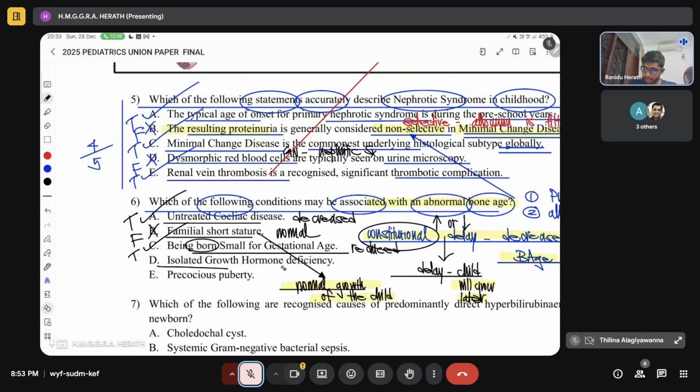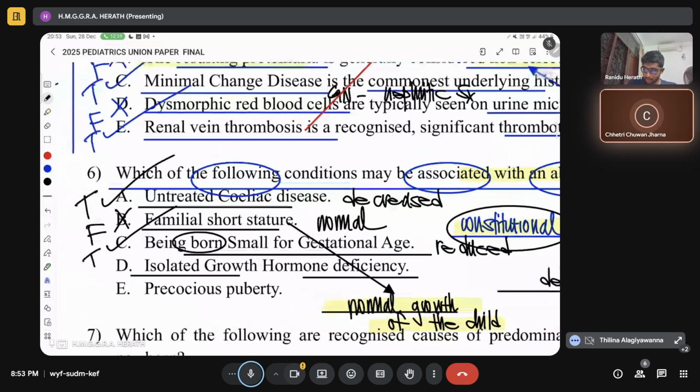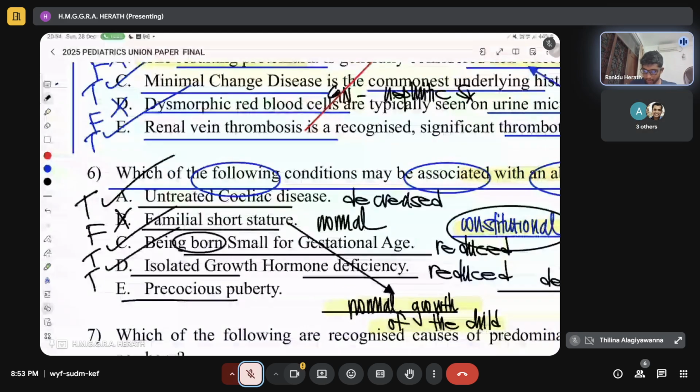Isolated growth hormone deficiency, reduced or increased or normal bone age? It should be reduced, right? Reduced. Precocious puberty, reduced or increased bone age? Increased.